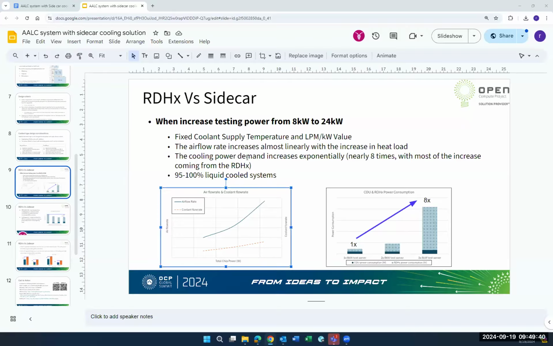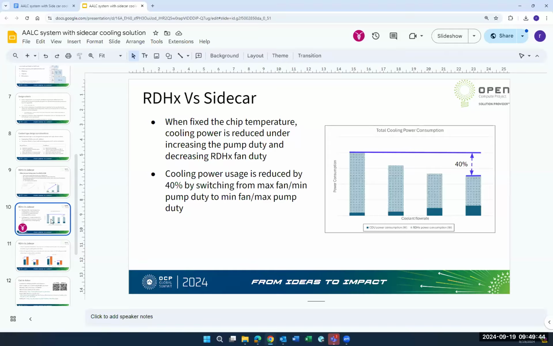Okay, let's continue to the next slide. The purpose of this slide is to find the most efficient operating condition, at which we should set the pump duty and the fan duty of the AALC system.